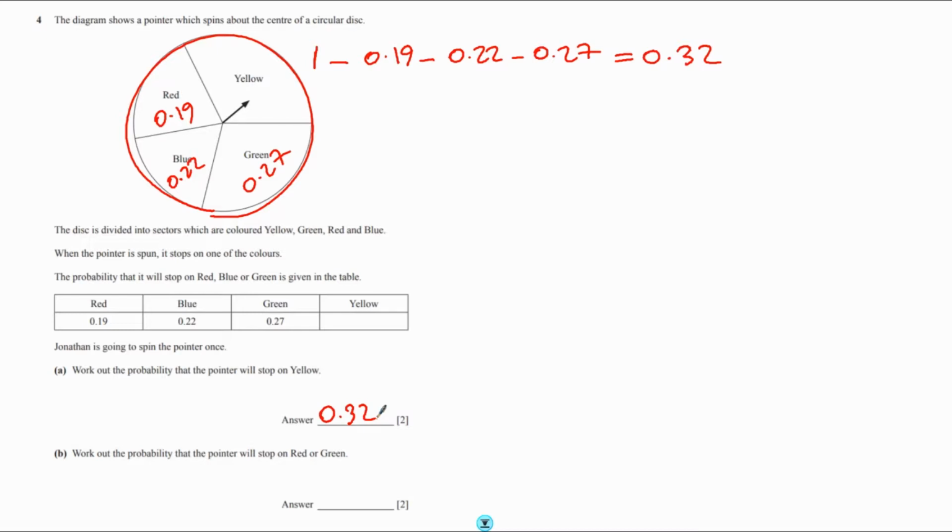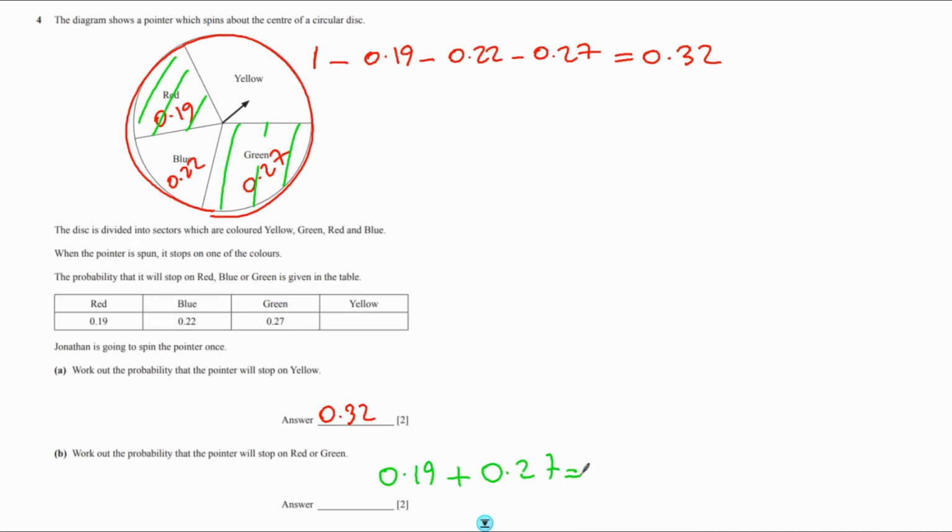Work out the probability that the pointer will stop on red or green. Red or green. So the part that's acceptable for us is this part and that part. So the probability of red or green would be 0.19 plus 0.27, because both of these are acceptable.